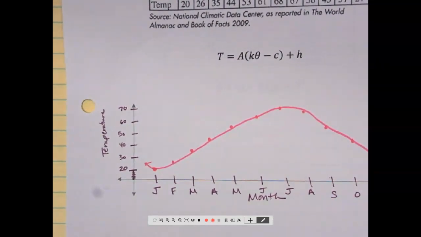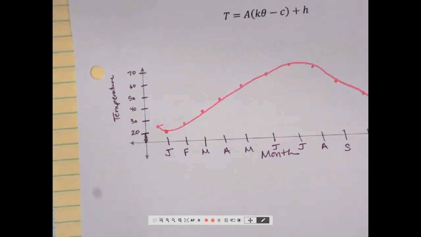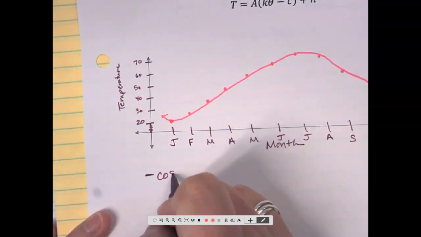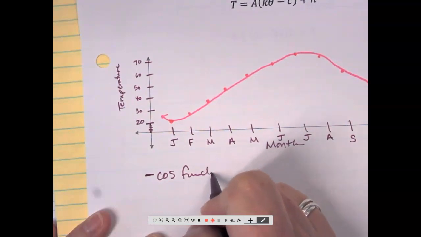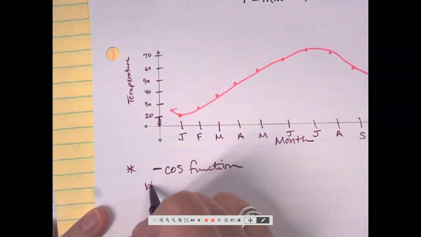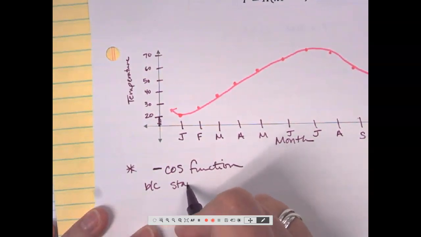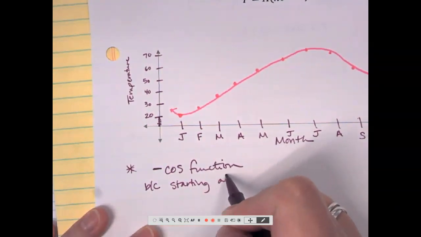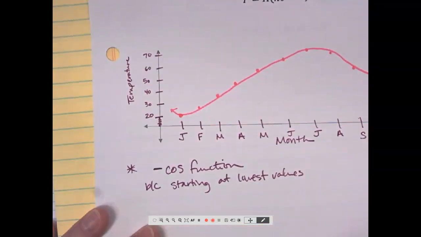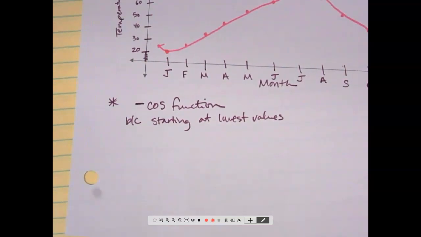Now we have to figure out how to write a function. Okay, so as I already said, I'm going to use a negative cosine curve, and that's because it's starting at lowest values. If it was starting at a maximum value, then I would use just a normal cosine function.